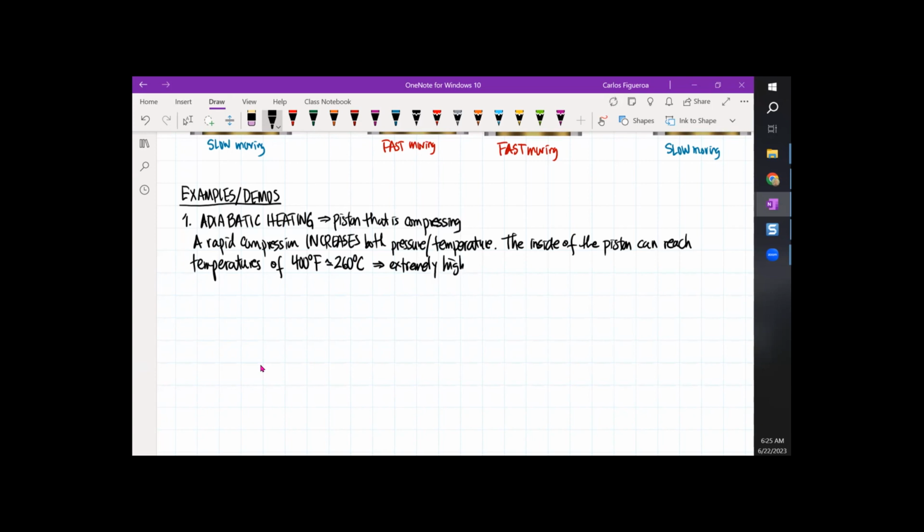And the way you do that here is that you have something called a fire piston.